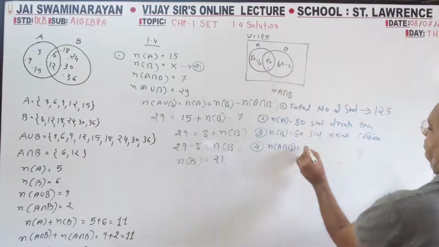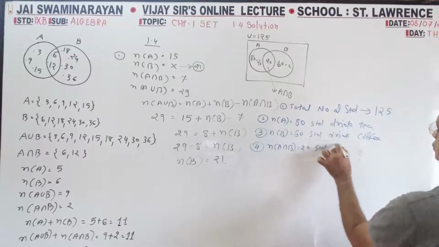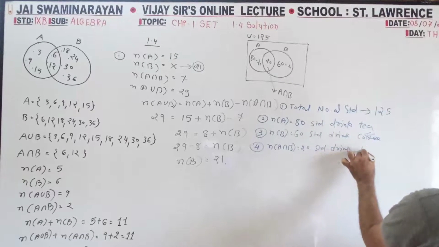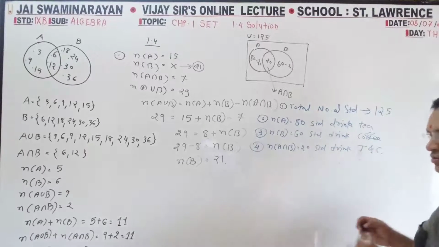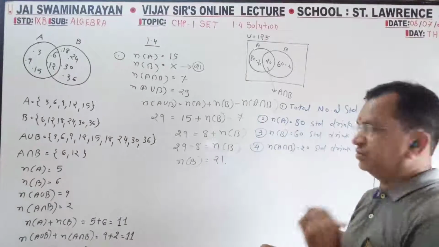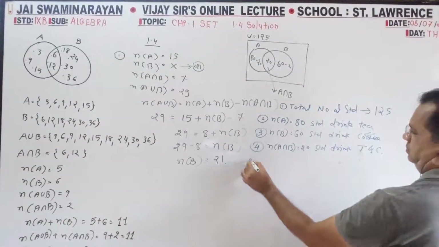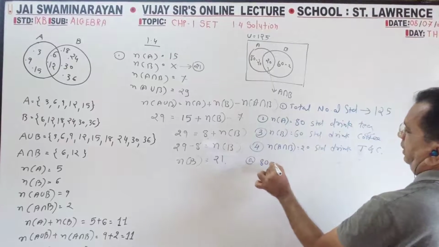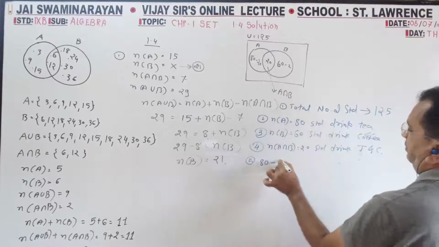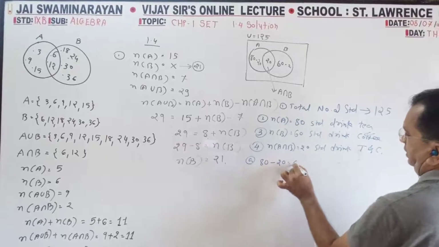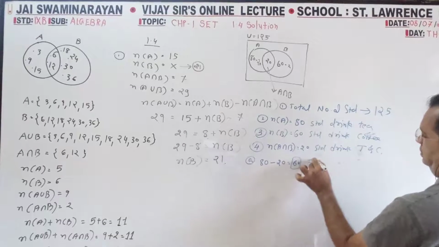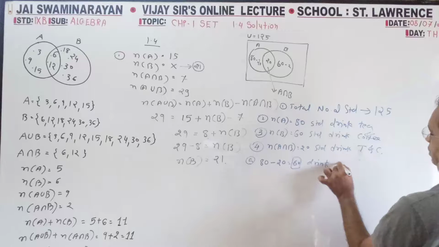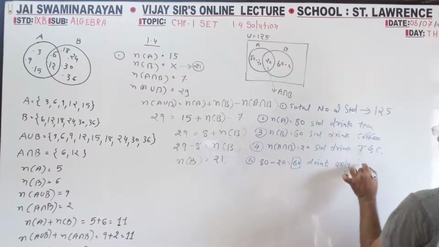A intersection B is equal to 20. Students drink tea and coffee both. This and this both. So 80 tea ones and common ones 20. So this drinks only tea.